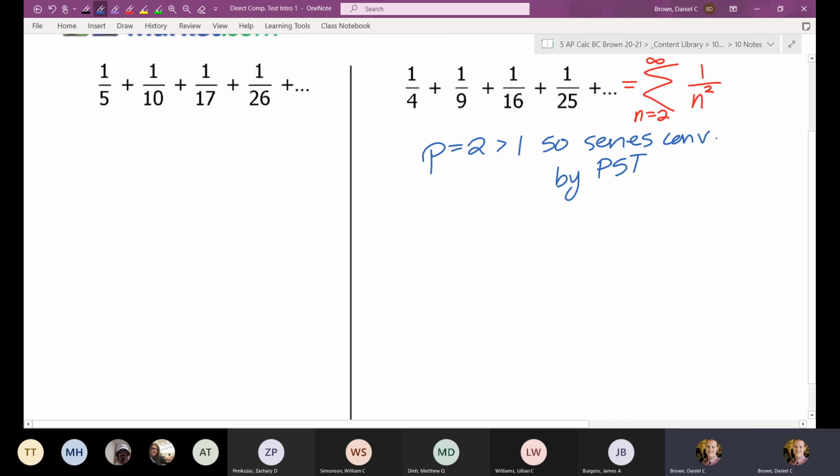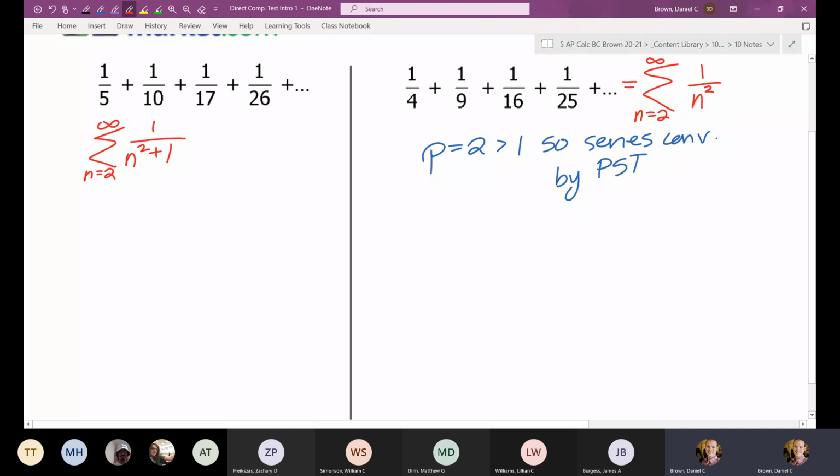Looking at those denominators, each of those terms is 1 more, right? So if I want to write a formula for it, instead of just 1 over n squared, it would be 1 over n squared plus 1.